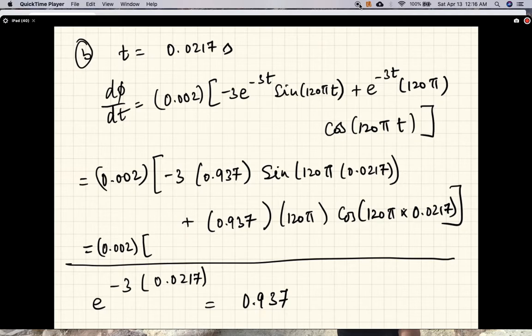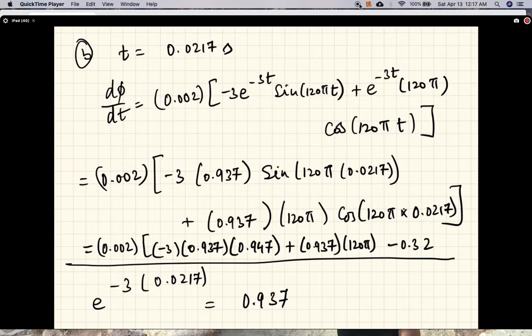That works out to minus 3 times 0.937 times 0.947, plus 0.937 times 120 pi times cosine of that, which is negative 0.32.